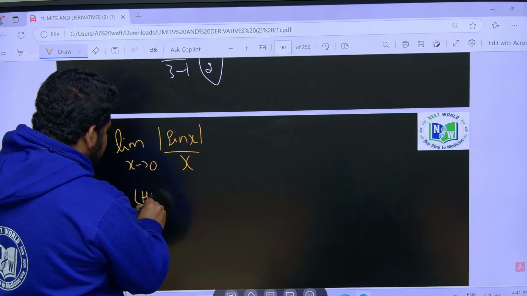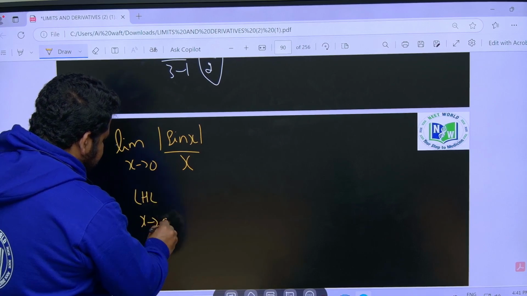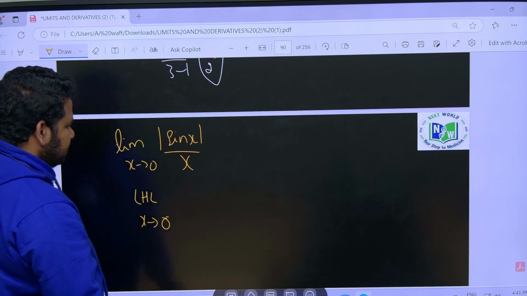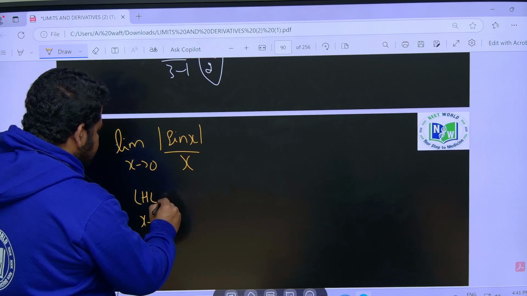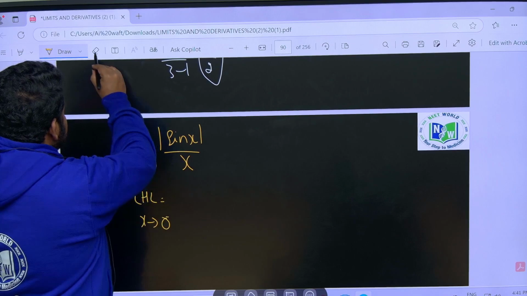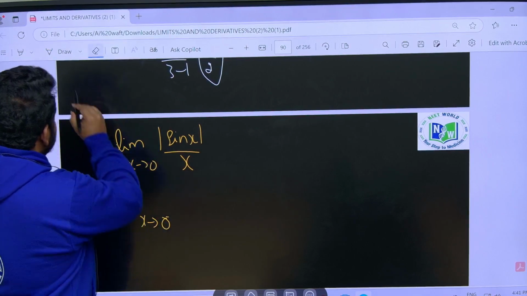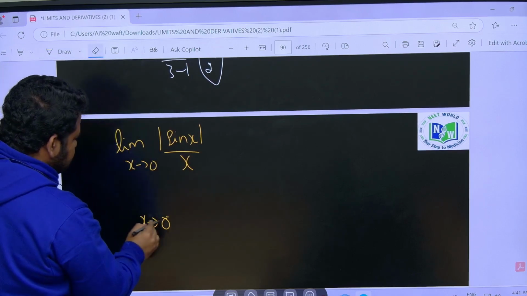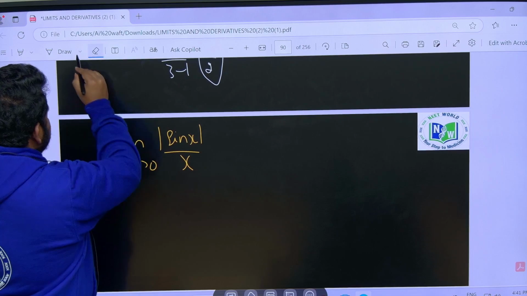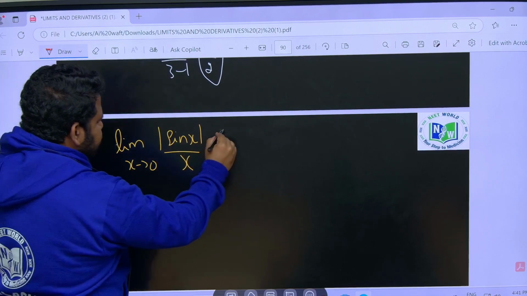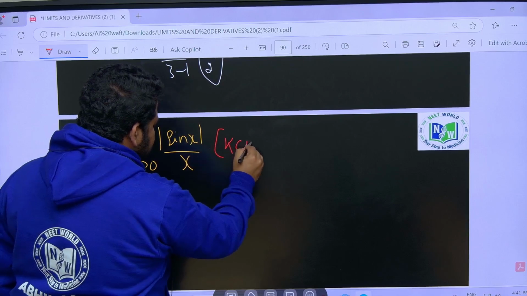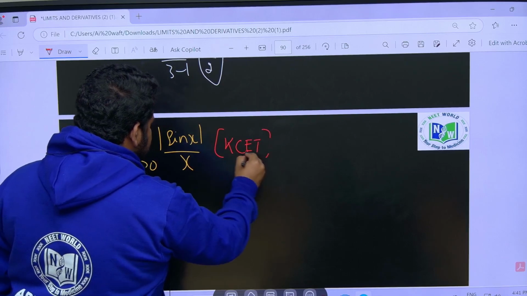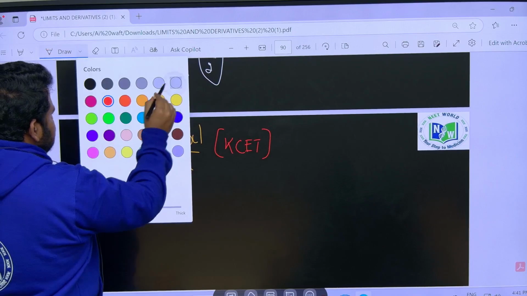Left-handed limit means x is approaching from the left side. Let us take x tends to 0 minus. This is also asked in TS EAPCET. Let us do it without the options.